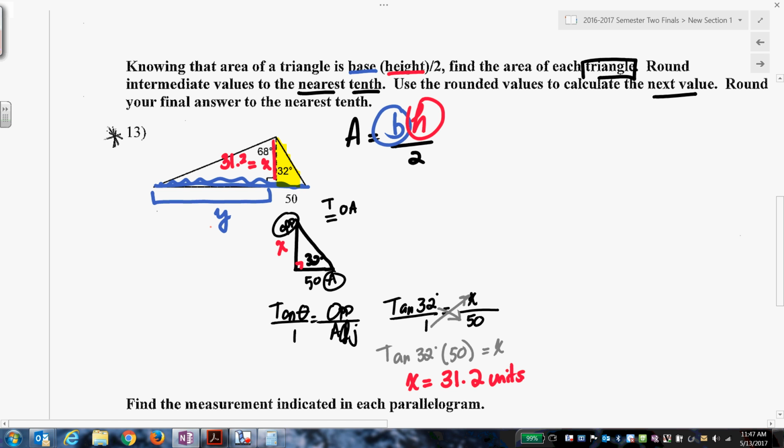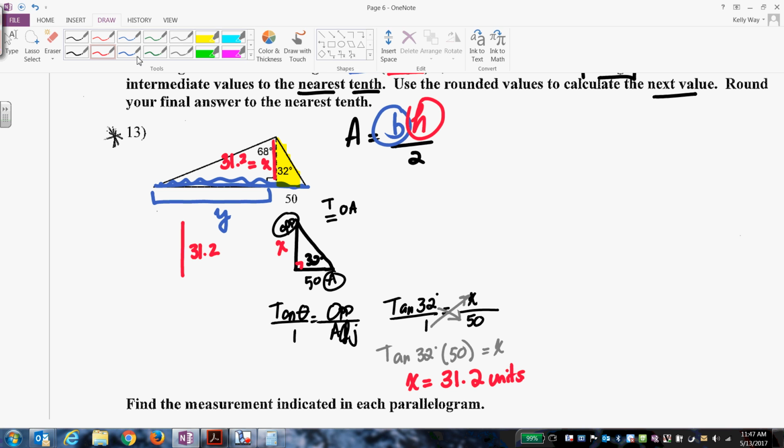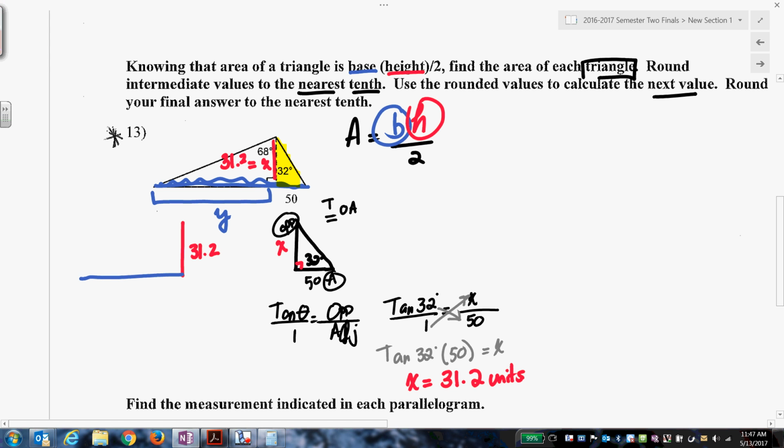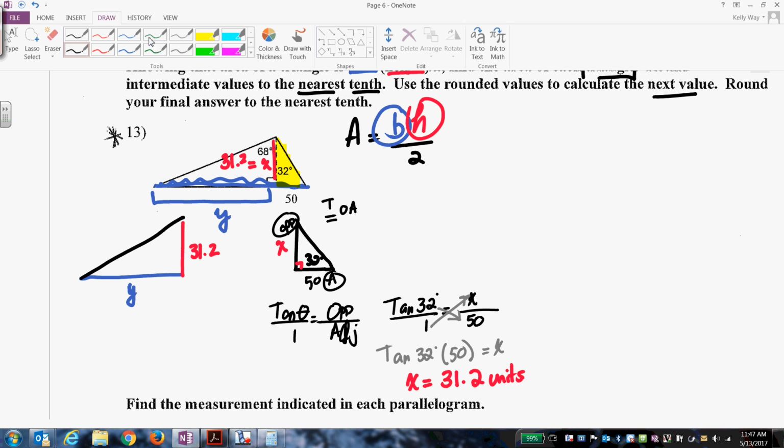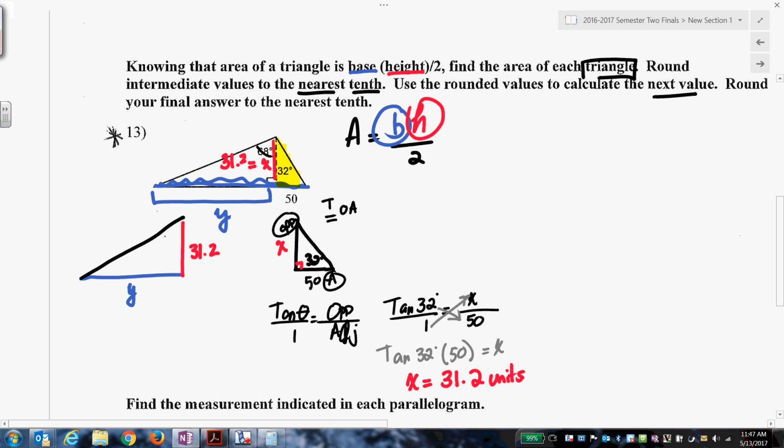Now we're going to go ahead and solve for y because we have the information that we need. We have the 31.2. We have y. And we have the 68 degrees up here. We have the adjacent. We need the opposite.